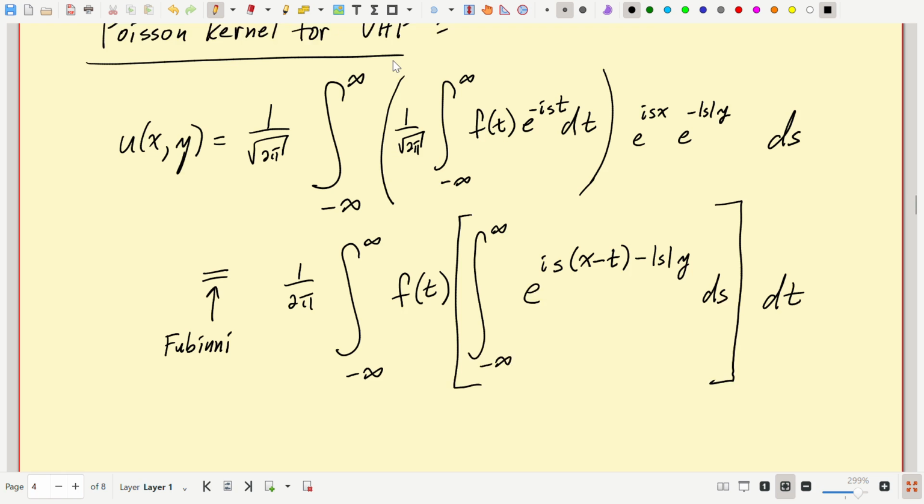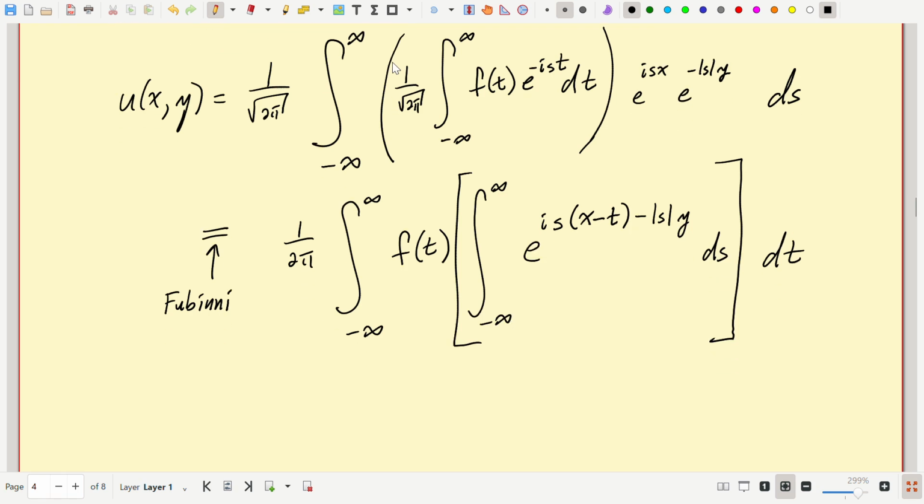That turns out to be something you're going to compute explicitly, and it's going to be the Poisson kernel, basically. The s is just a variable of integration, so this is going to depend on x minus t and y. And that's going to be the basic Poisson kernel.